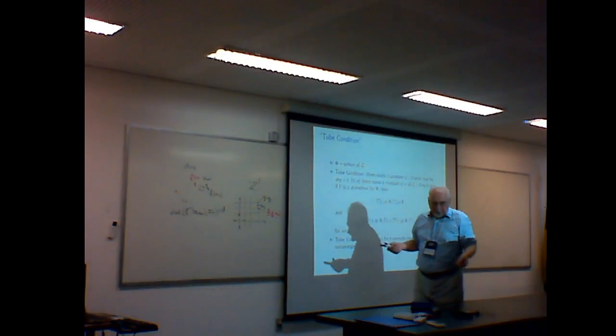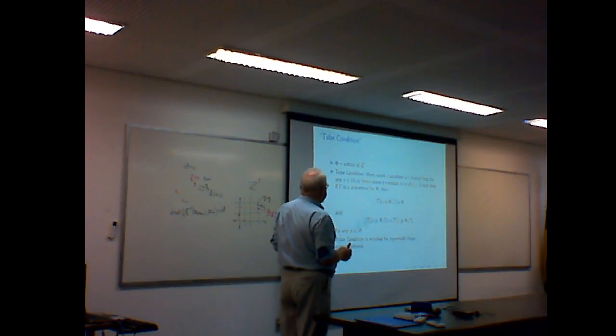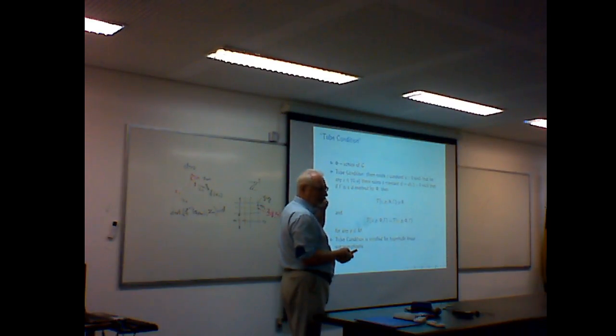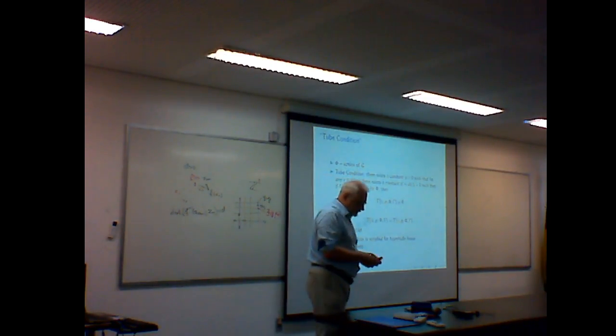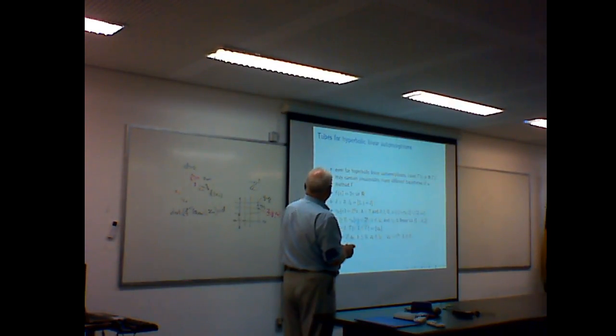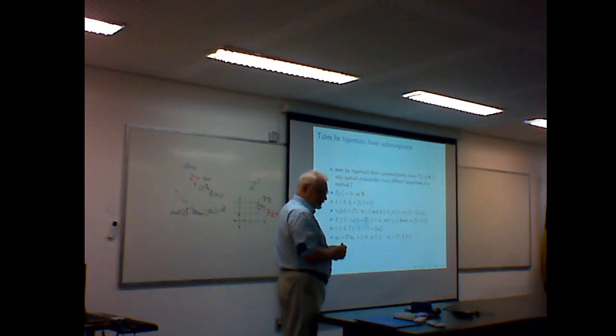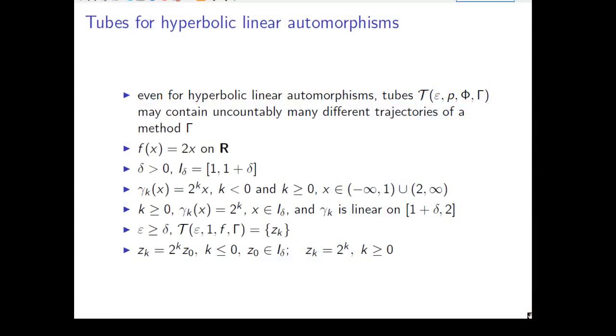And of course, in the best understood case, I mean hyperbolic linear automorphisms, the tube condition is satisfied. This is a corollary of standard estimates, but even for a hyperbolic linear automorphism, it's possible to have uncountably many different epsilon-close trajectories.